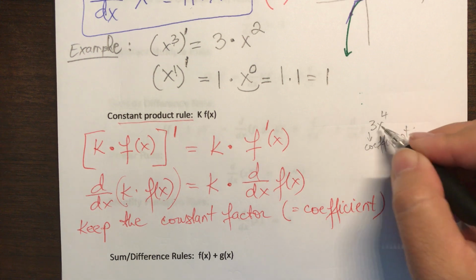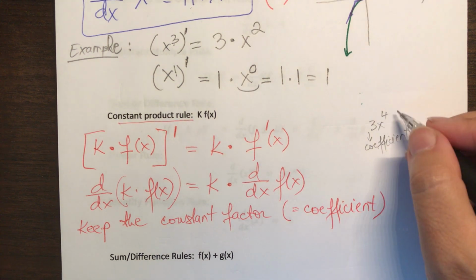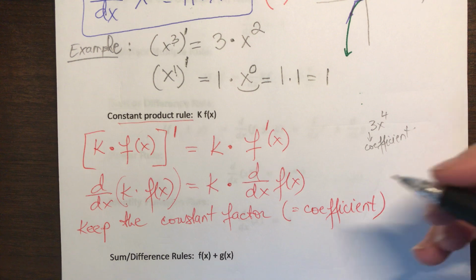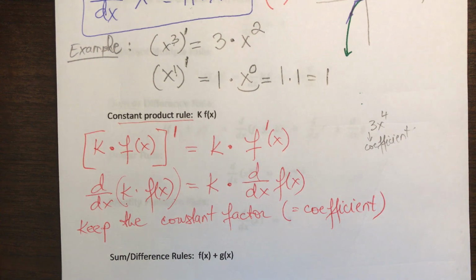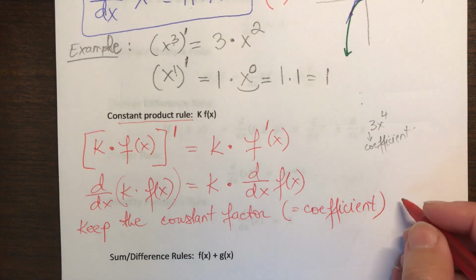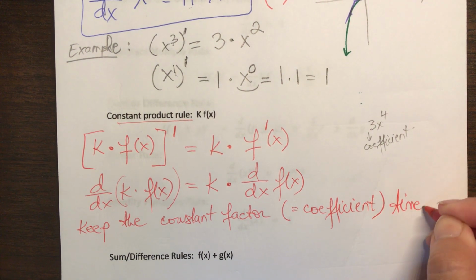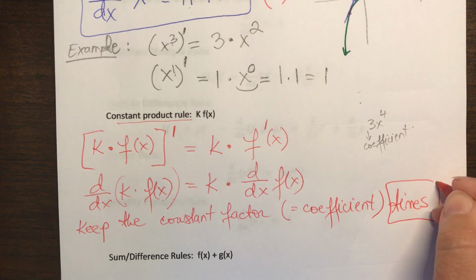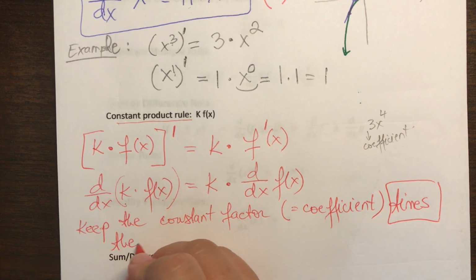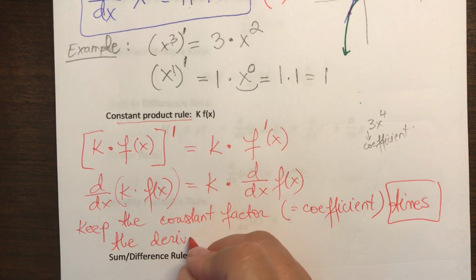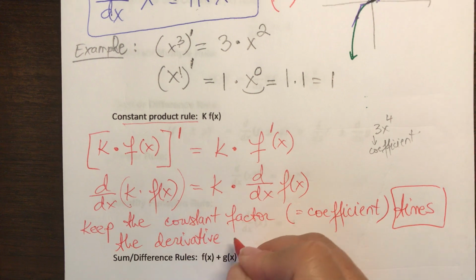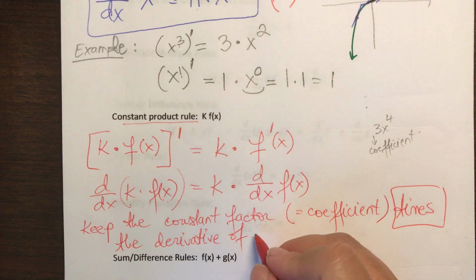It is a constant factor, but when it's multiplied to a variable part, we call that the coefficient of that variable, right? So keep the constant factor, and I'm going to say then next, times the derivative of the variable part.